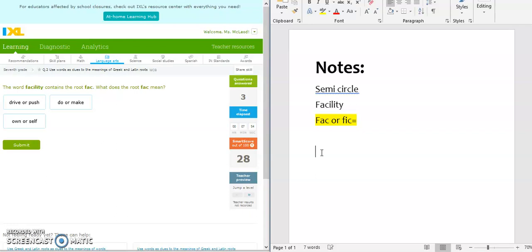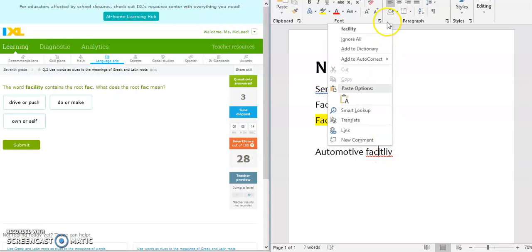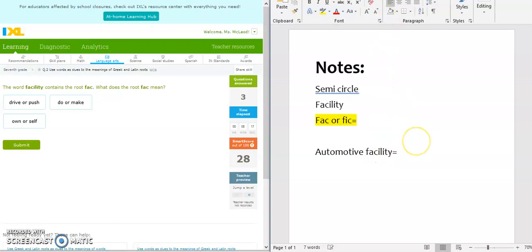Well, I know that a facility, like an automotive facility, what do they do? They make cars. So an automotive facility makes cars.